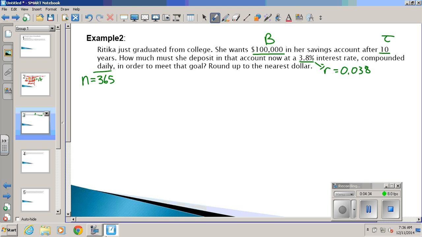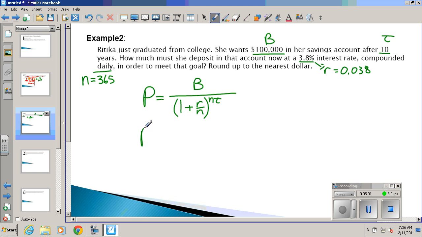Okay, I think we have everything. So we could put it in our compound interest formula, or we can use our new formula, which is our present value formula. So we want to know how much they have to put in now to get this certain balance here, this 100,000. So I'm rewriting this formula so that you can see it a few more times. Make sure you add this formula to your notes.